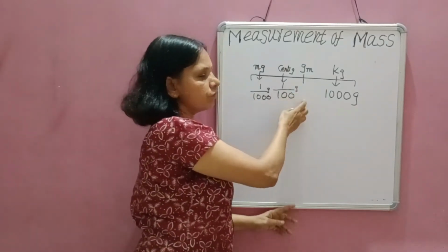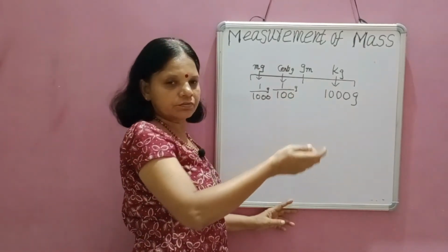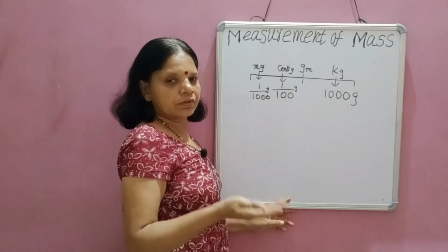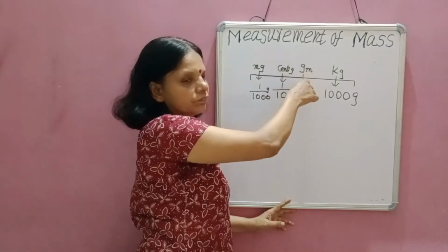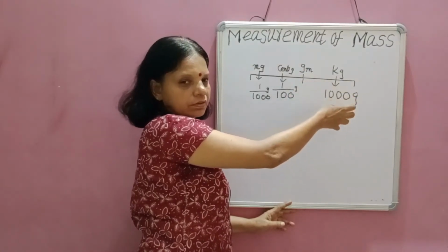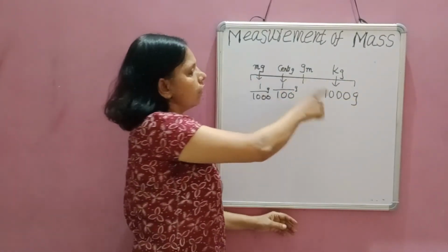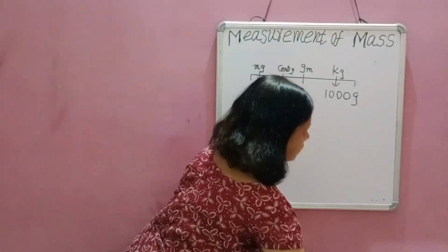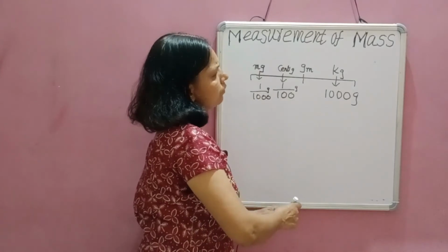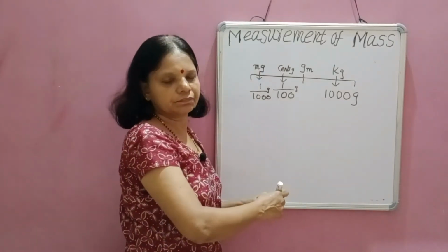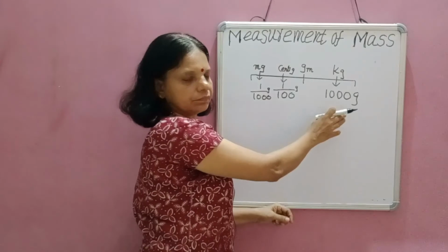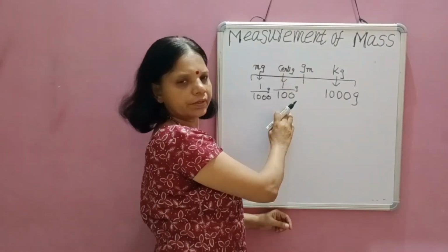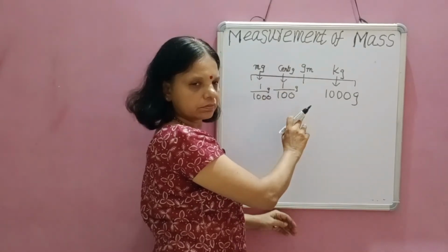Even gram is used in buying groceries like masalas, chili powder, etc. We use gram; we don't buy those in kg, right? So this is how we convert from one unit to another. Kilo means 1000. And centi means 1/100. Remember this.